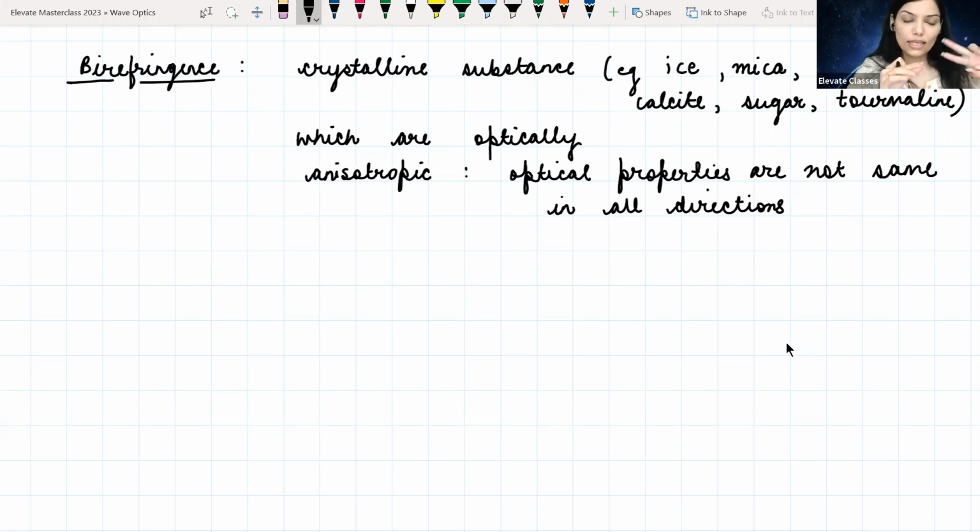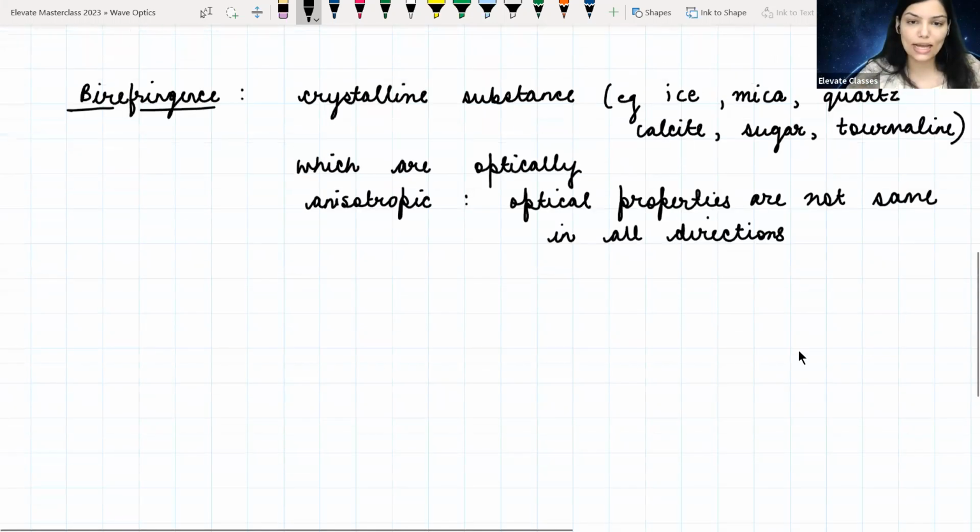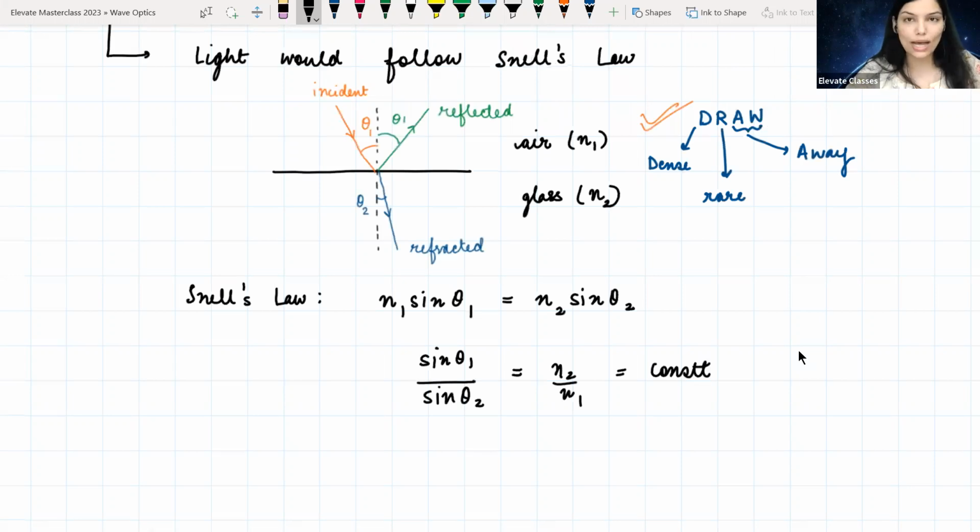So he thought, why am I getting two images? On further investigation, he found that once the beam is incident on the interface, at the interface of air and calcite itself, the beam actually breaks up into two parts. So now it is not refracted as a single beam. Let me draw this diagram. For the isotropic case, I know that the incident light came and only one refracted light was obtained.